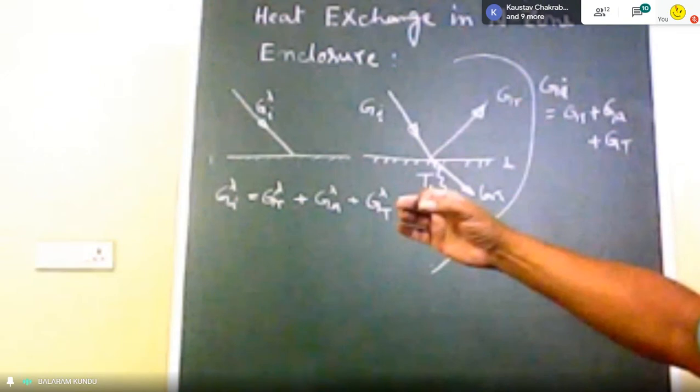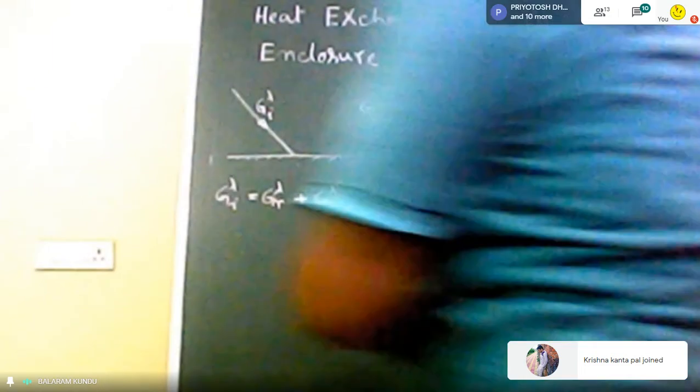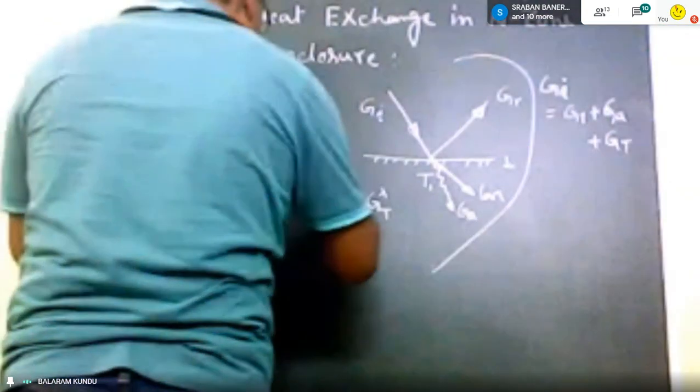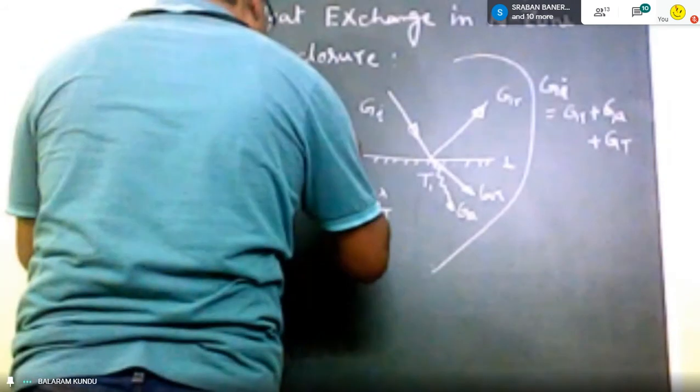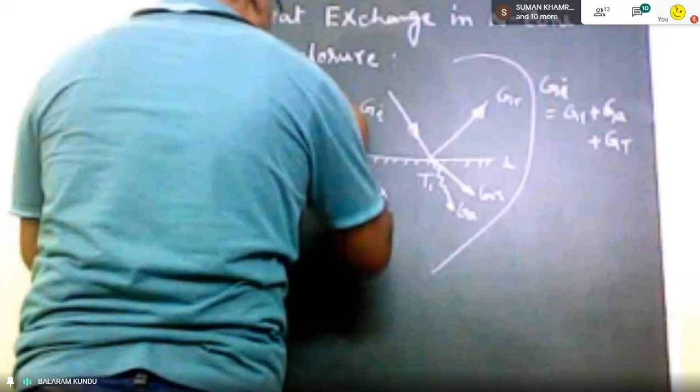We consider one surface with an incident flux falling on it. The incident flux is Gi, or the spectral incident flux, Gi lambda. A part of the incident flux will be reflected, Gr lambda.